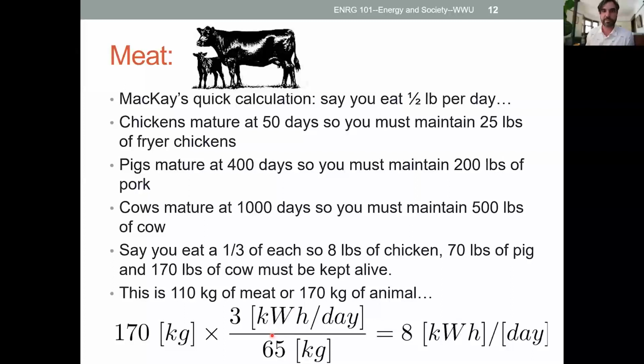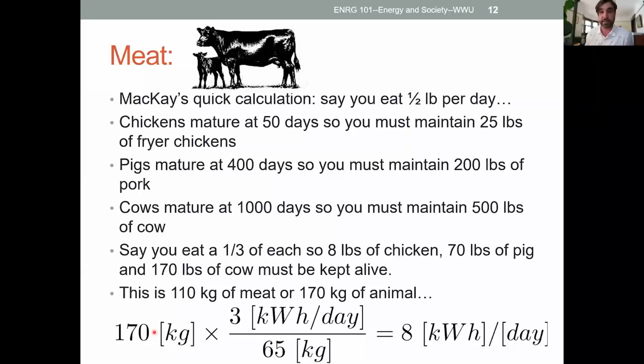Humans, yes. So I'm setting up a ratio and proportion going from livestock to humans, because this is something we know. This is something I know. I know that I take 3 kilowatt hours per day and I weigh 65 kilograms. So I can set up this ratio and proportion and convert animal mass to human mass and then relate that to human energy needs. So because this mass is greater than 65, it's going to require more energy to maintain this mass.